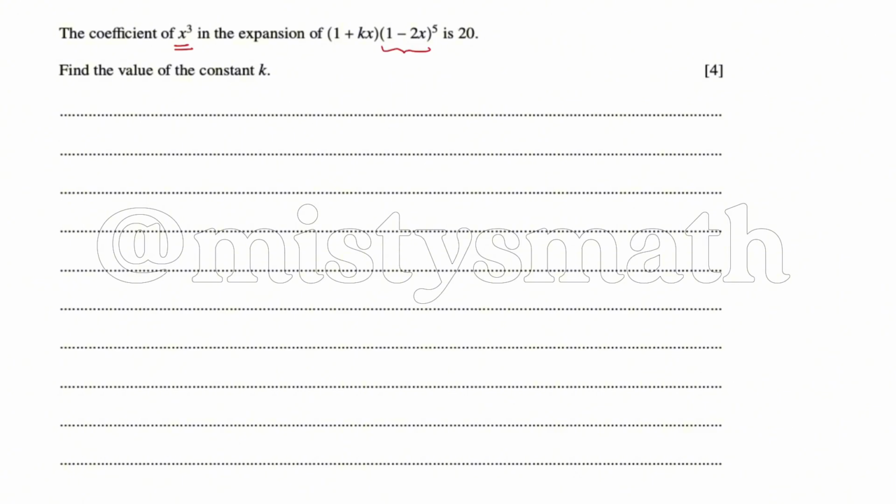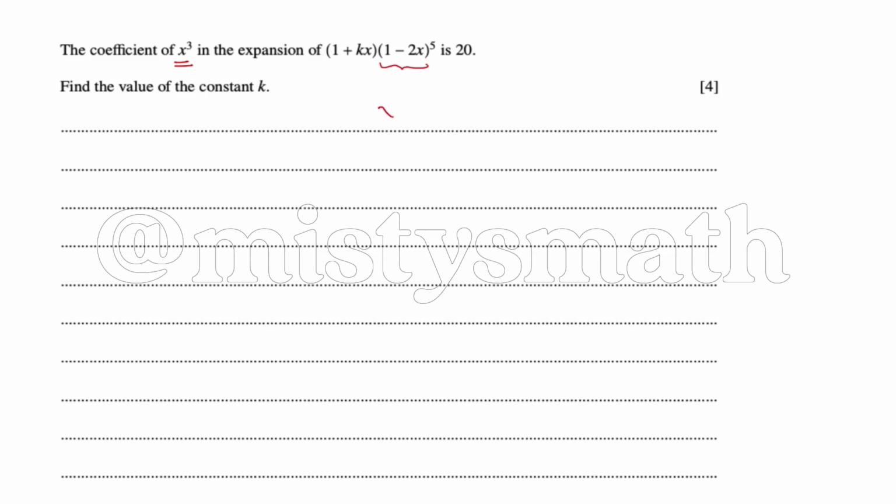In order to get the coefficient of x cubed, you need the x squared and x cubed components from this expansion, because once you multiply with the first bracket, you will have terms of x cubed, right? Now, how do you get the terms of x squared and x cubed from (1 - 2x)^5? This is binomial expansion.